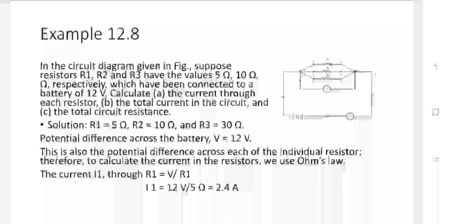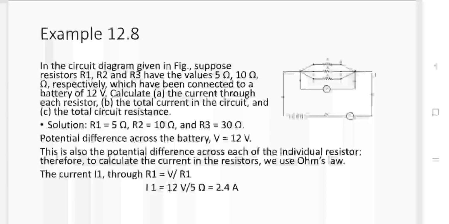Let us go through the example regarding this. In the circuit diagram given in the figure, suppose resistors R1, R2 and R3 have the values 5 ohm, 10 ohm, and 30 ohm respectively, which have been connected to a battery of 12 volt.